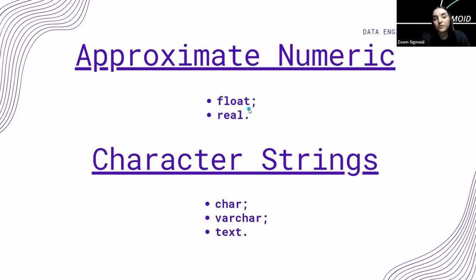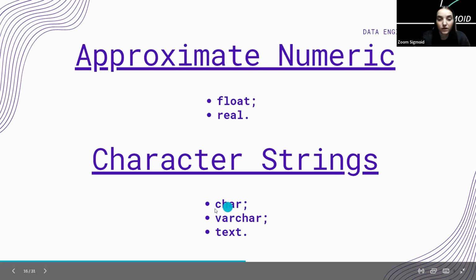And at the float, you can specify the length of a floating point in the brackets. Character strings are data types that allow you to store either fixed length char or variable length char. For fixed length, you have char. For variable length, you have varchar and the text data type.